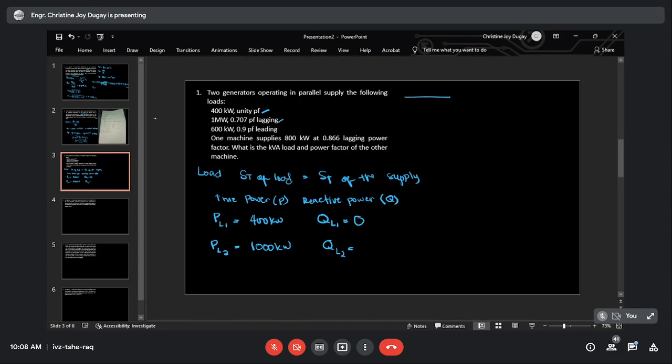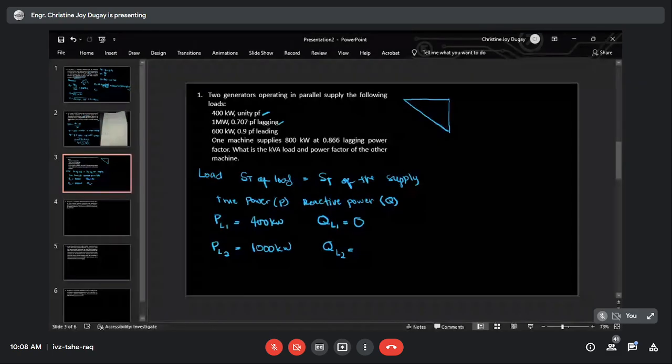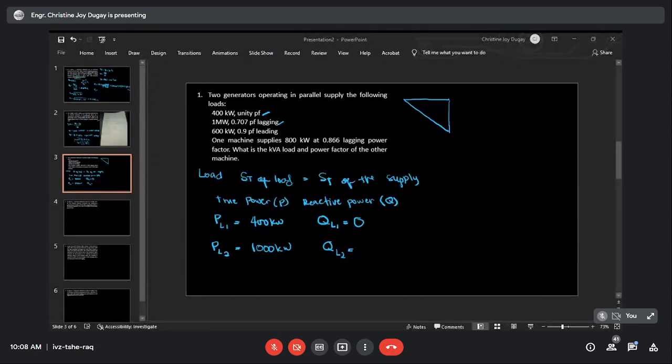We may use si triangle ng lagging. Is it positive or negative? Dun sa sumagot kanina, ang tanong ko, is it positive or negative? Yung 1,000 point something. Sino yung sumagot kanina ng 1,000? Luigi po.